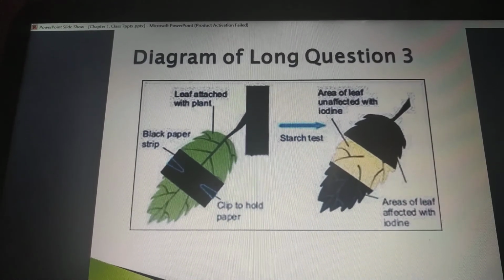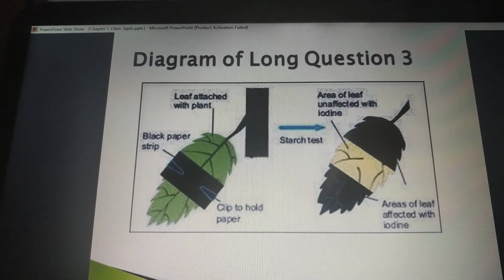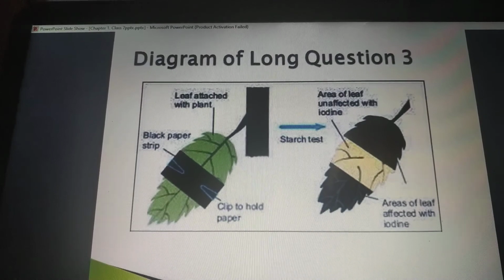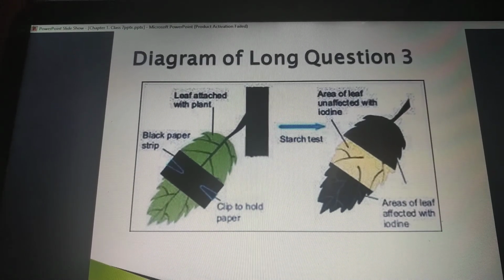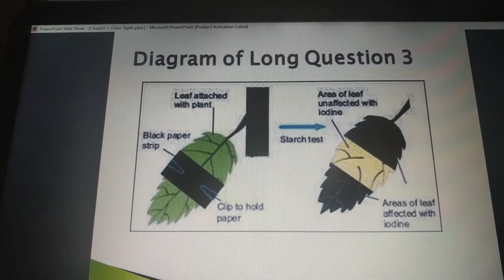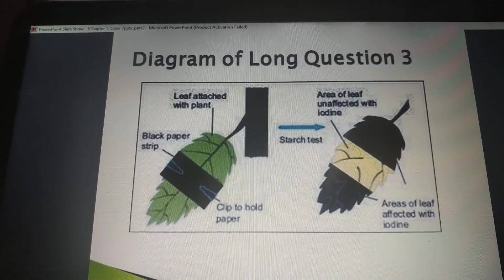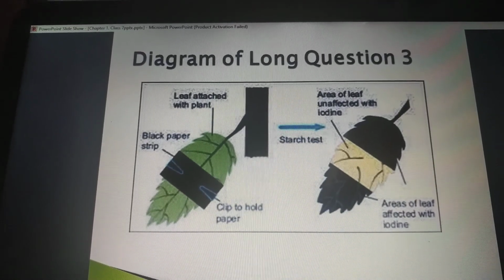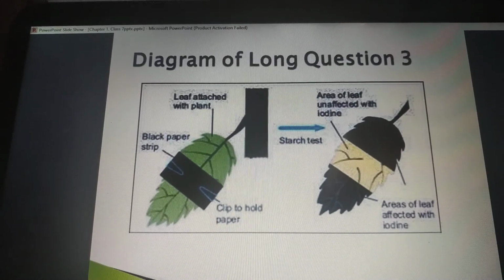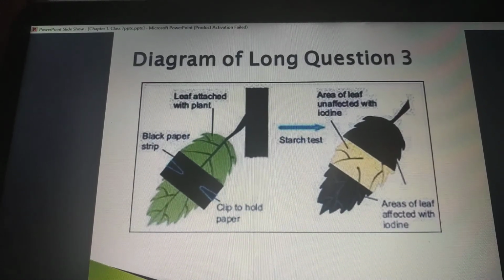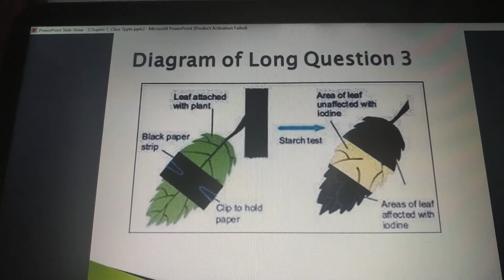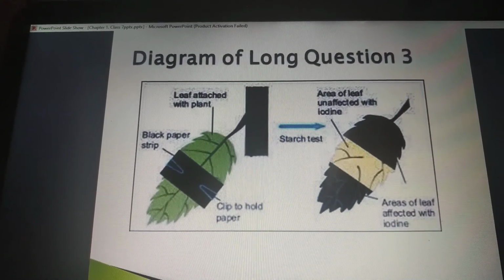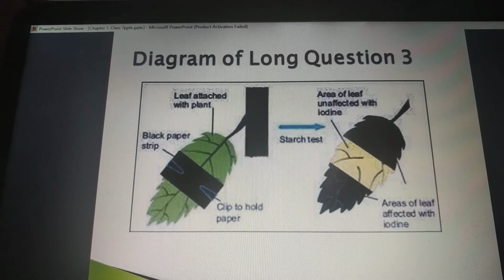This utilization of available stored food is known as destarching. Destarching means removal of starch from the body. When the plant is not performing photosynthesis, it utilizes whatever food is stored in its body. Clear?